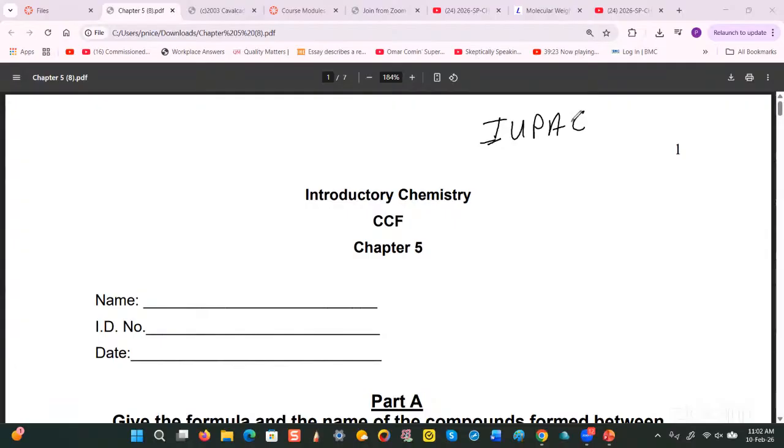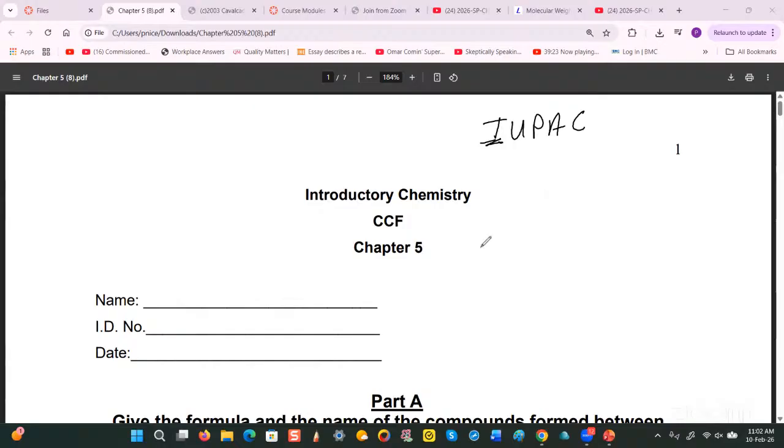They meet, I think, every couple of years as a committee to work on that, because every year new compounds are being made. From time to time, changes are needed in the rules to accommodate the new compounds being made, right?